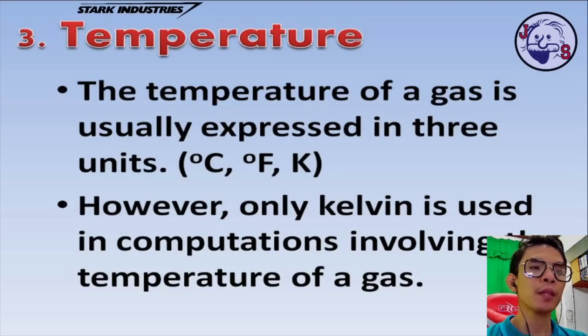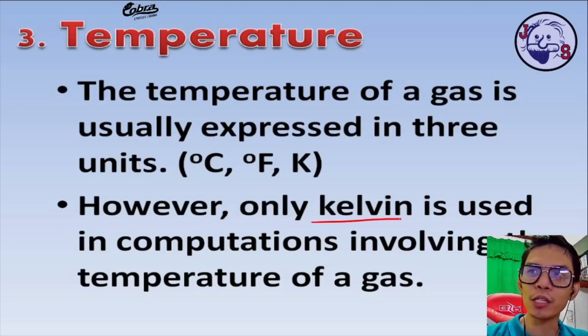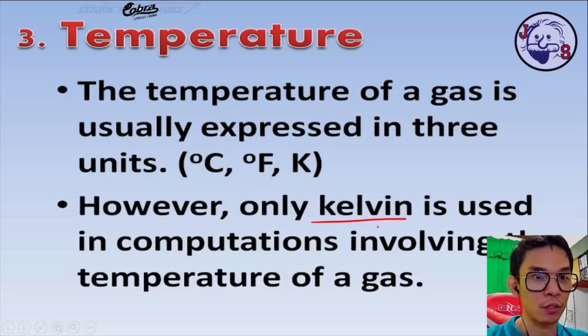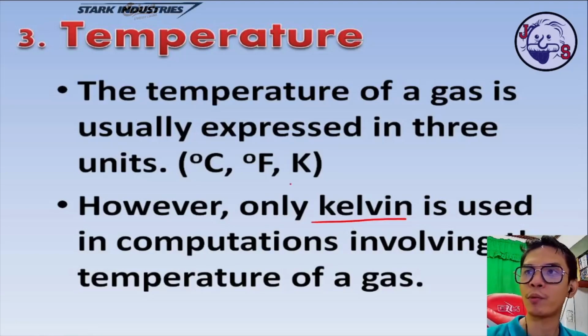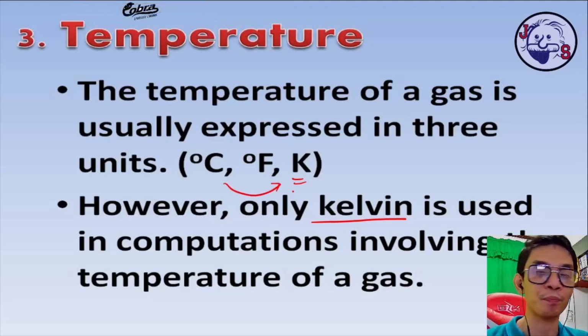Now, however, the gas laws that we are going to talk about next week use only one kind of unit, and that is Kelvin, with a capital K. In some cases, the unit used is degrees Celsius, and you need to convert that into Kelvin.